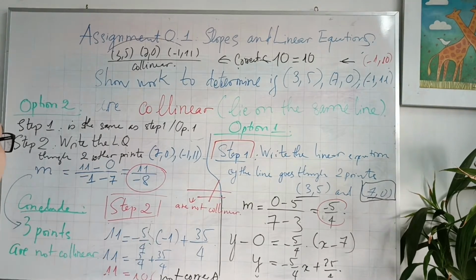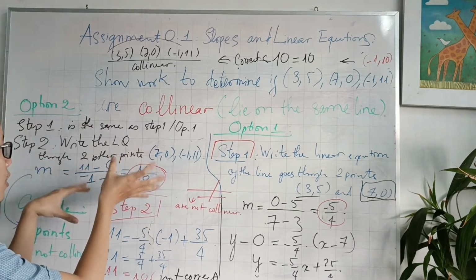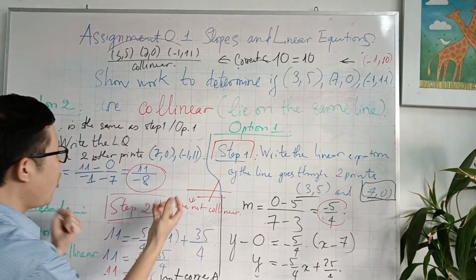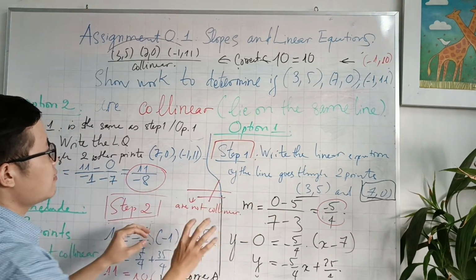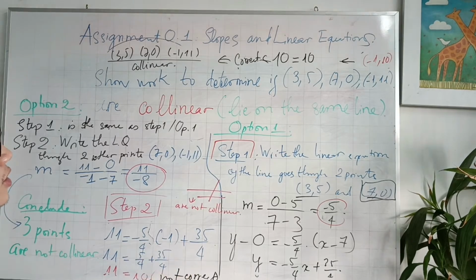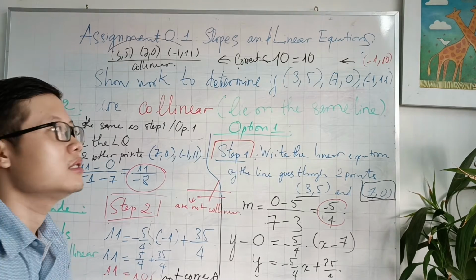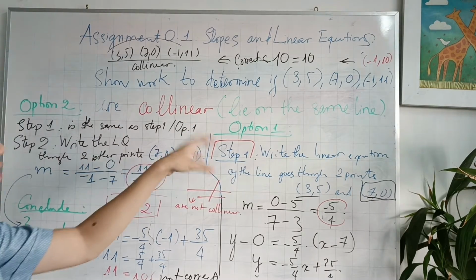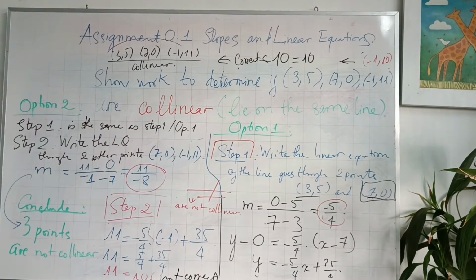Or maybe you can write another linear equation through two other points and compare the slopes of the two lines. If they are not the same, you can conclude that the 3 points are not collinear. They don't lie on the same line. This is the way to show work to determine if 3 points are collinear or not. Easy?